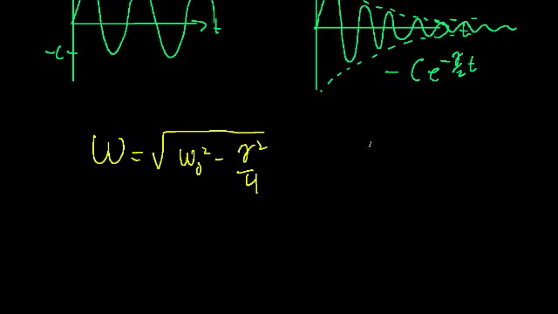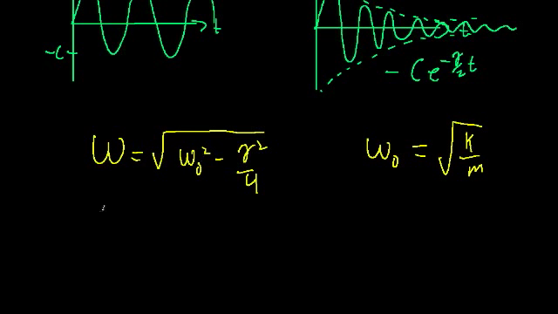And we had said that omega naught, that was our natural frequency, and that was defined as the square root of k divided by m. This is the frequency that the system would oscillate with if there were no damping. And we found that this was the frequency in the first couple of videos on simple harmonic motion. So now let's see what happens when we add damping.